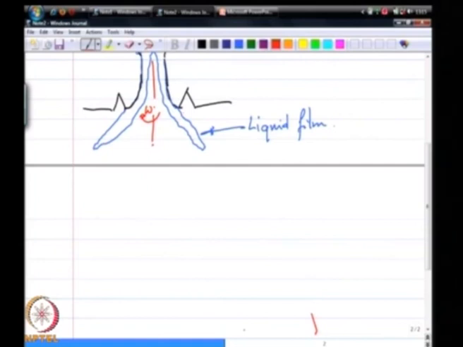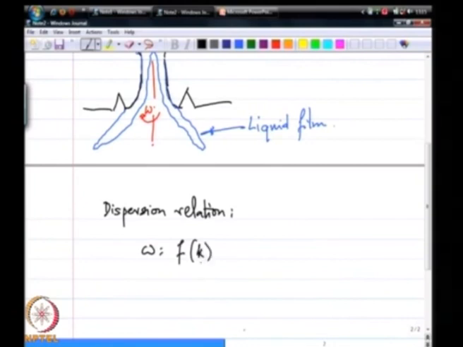So, the way we suggested we could model this in one of the earlier classes is you can develop a dispersion relation governing the linear instability, the growth of small instabilities on this system. That dispersion relation gives you omega as a function of k. k is your wave number.